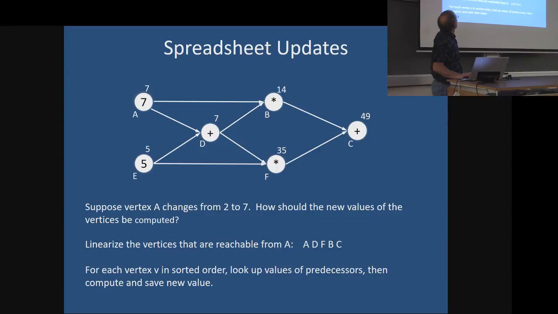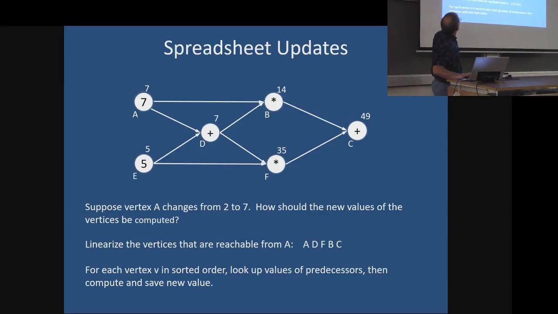Okay? You look at the values of its predecessors, and you add them. How do we know the predecessors' values have already been recomputed, if necessary? What guarantees that? Yeah? The fact that we're going in topological order. Right. We're processing in topological order.